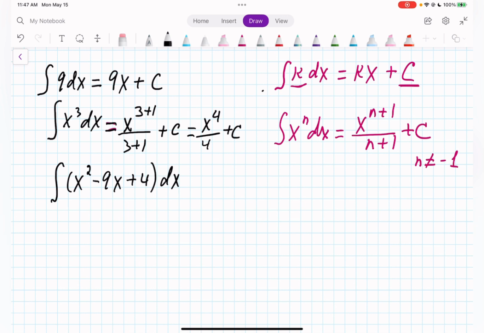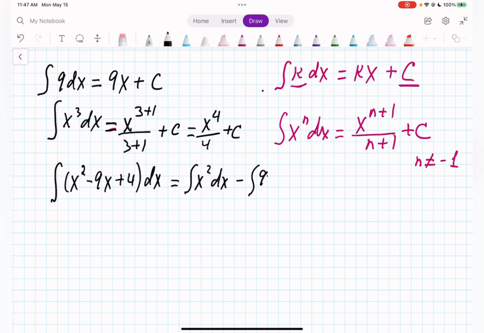All right, so in such a case, this time I will break it into steps so you can see, but later on you will already know. When it comes to the integral, you have a polynomial here, right? I can write down the integral of x squared dx minus the integral of 9x dx and plus the integral of 4 dx.